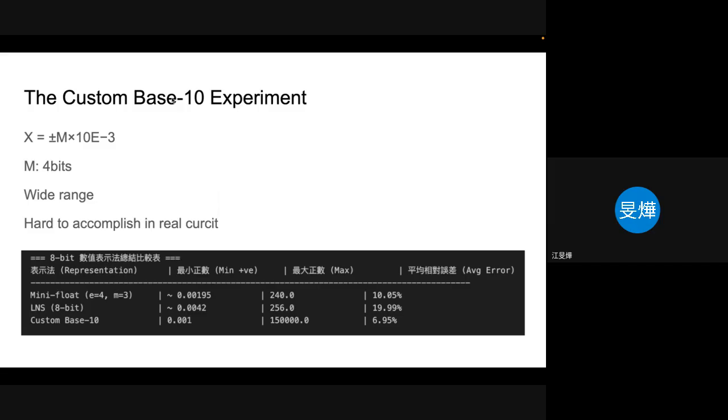Using 3 bits for the base 10 exponent and 4 bits for the mantissa as an integer, it can represent numbers up to 150,000, but however the average relative error is not very good.